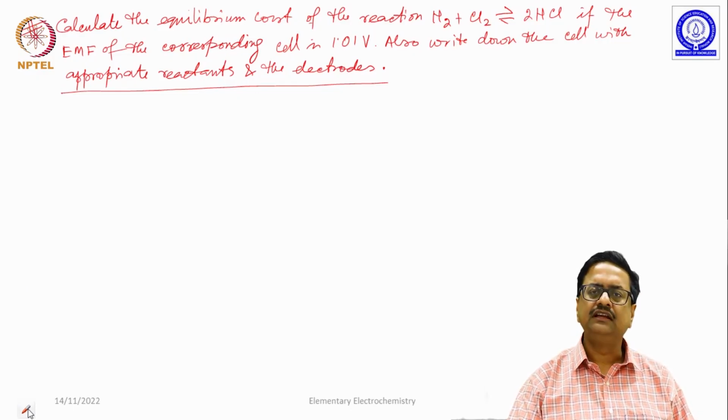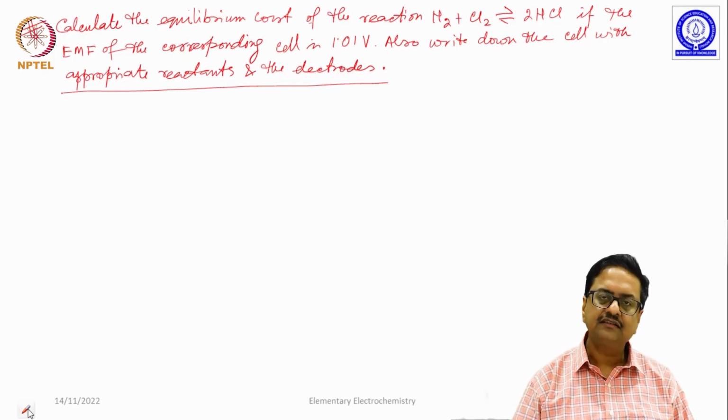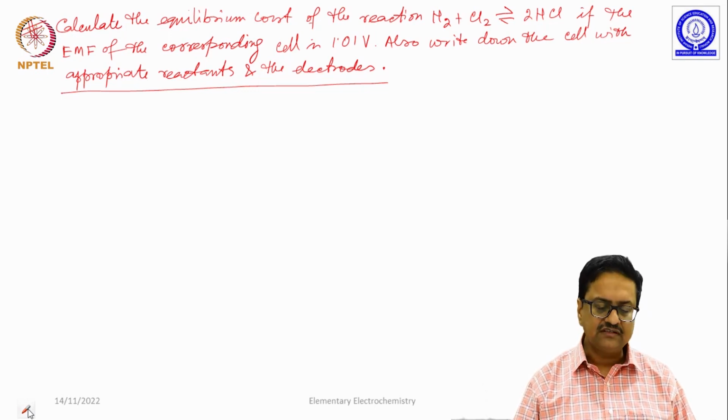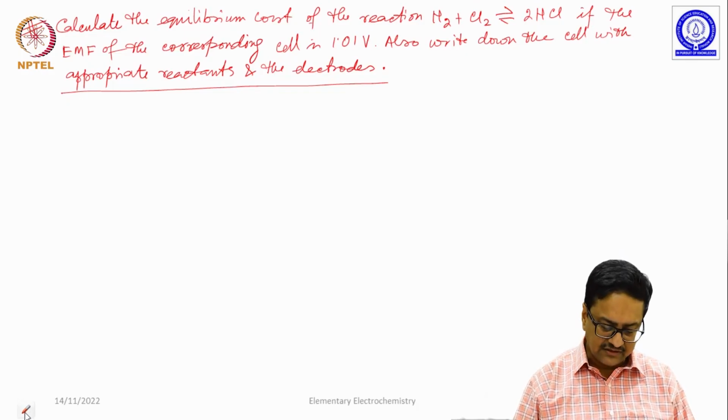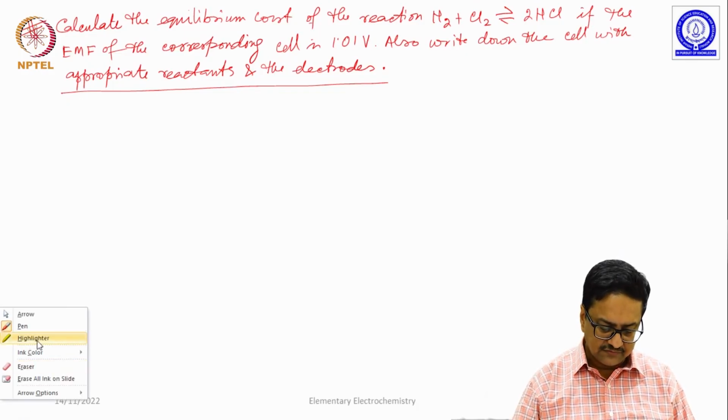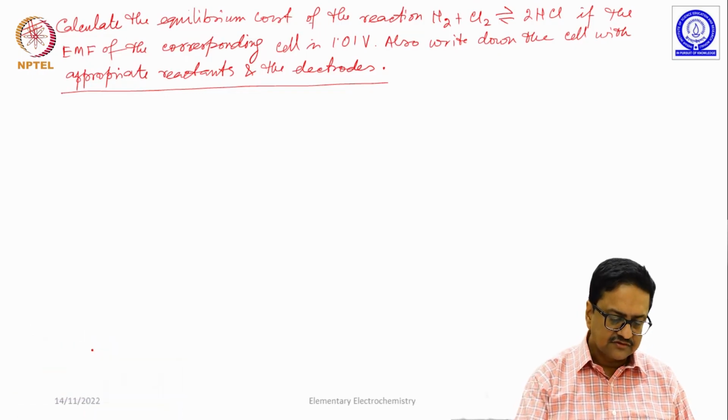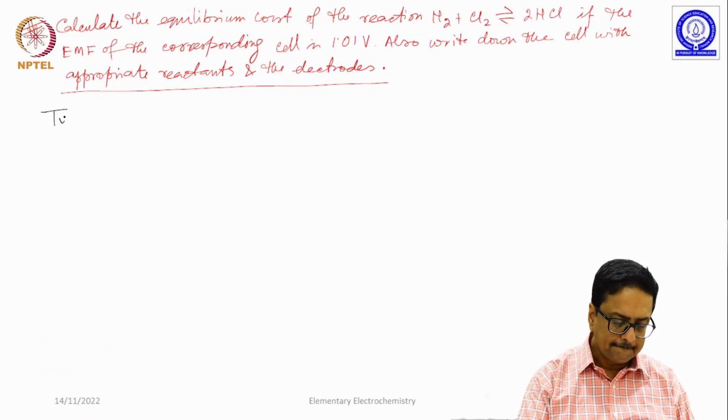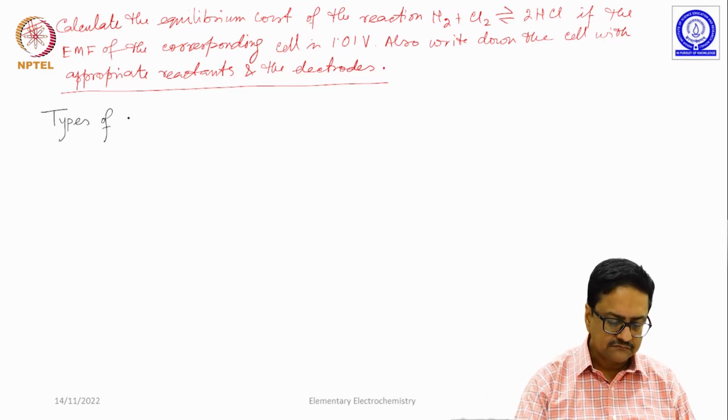So based on the type and nature of constituents, nature of chemicals used to form an electrode, there are several different types of electrodes. And these are called types of single electrodes.